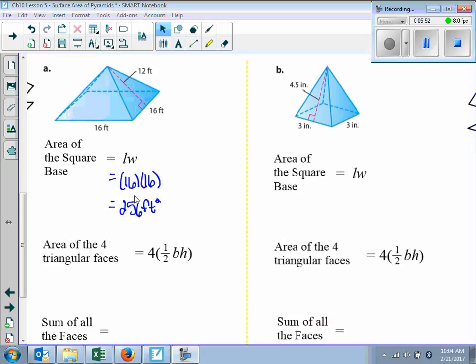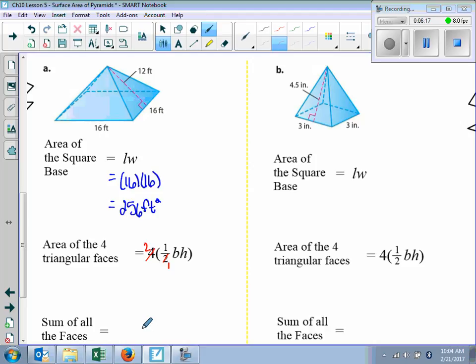Now we find the area of the 4 triangular faces. Now, those are the lateral faces, and we can see they're triangles. And it's one-half times the base times the height. And we have 4 of them, so we're going to multiply times 4. Okay? So now, before I even start with my substitution, can you see that I can simplify the 2 and the 4?